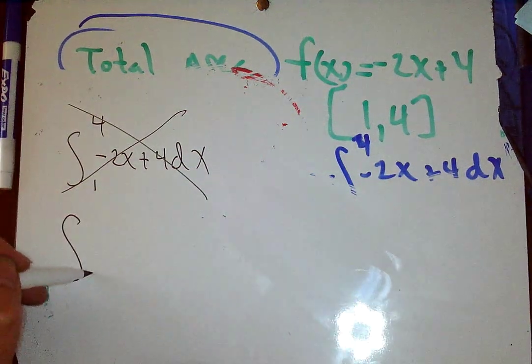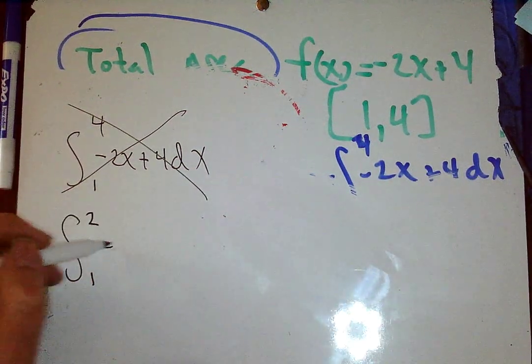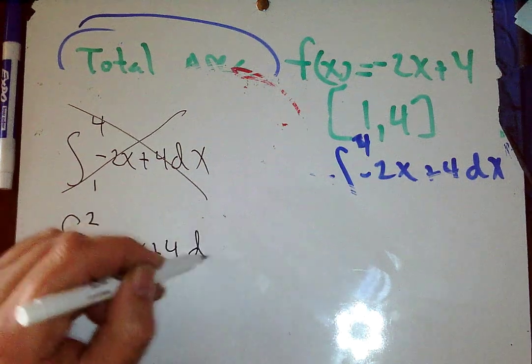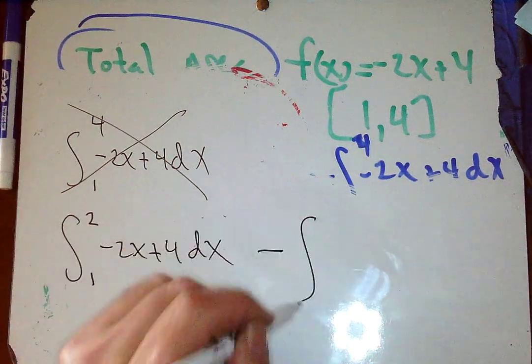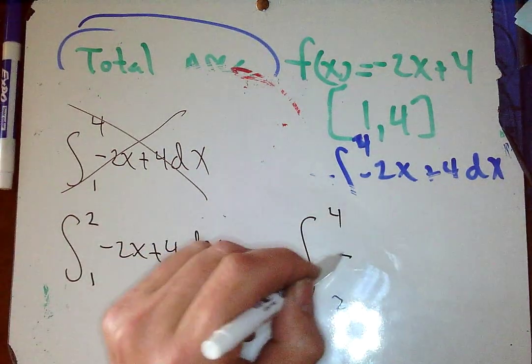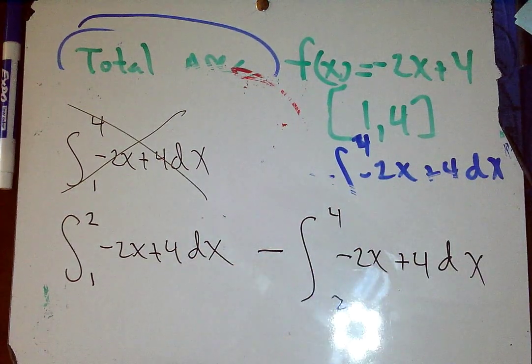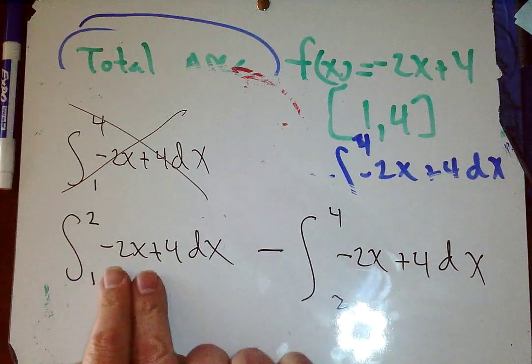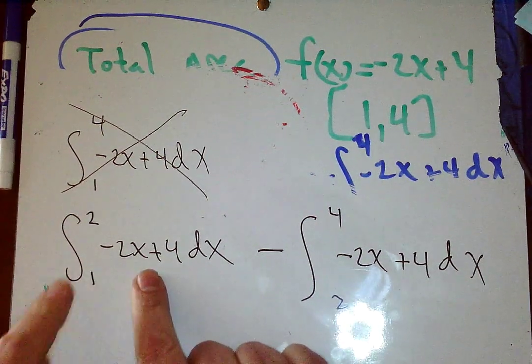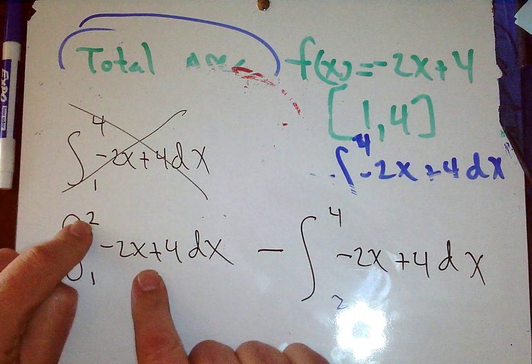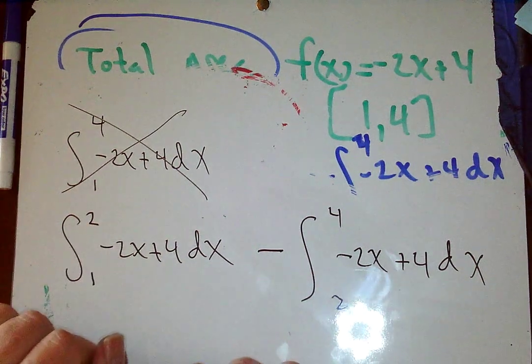It's going to be the integral from 1 to 2 of -2x plus 4 minus the integral from 2 to 4 of -2x plus 4. Okay? So what am I thinking about here? Well, this is the area under the curve up to the point where the curve hits the x-axis.